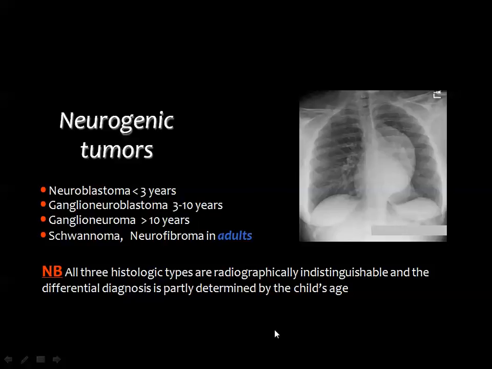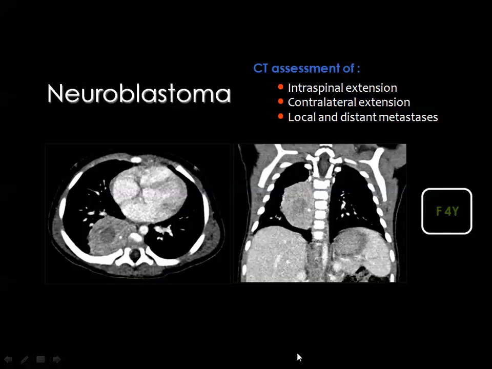You cannot distinguish these lesions by imaging, and you should know that age is not a pathognomonic factor for differentiating between these tumors. If you look here, you will see a mass which is solid with some areas of breakdown, and there are foci of calcium located in the paravertebral gutter in a child who is 4 years old, and this is the age, as you remember, of the ganglioneuroblastoma.